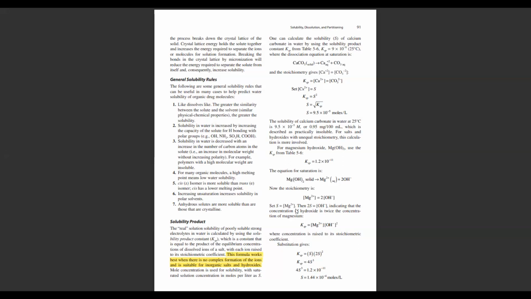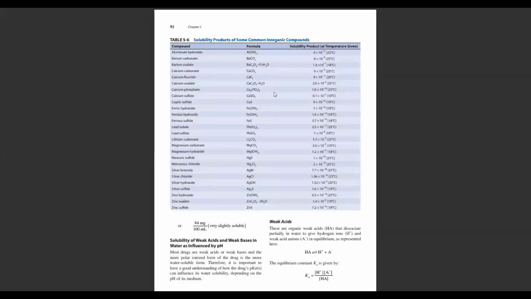Although I don't know how complicated they set it. But yeah, it was definitely a typo. Thinking it's a typo. These are the table they're talking about, where they have the different solubility products of compounds.